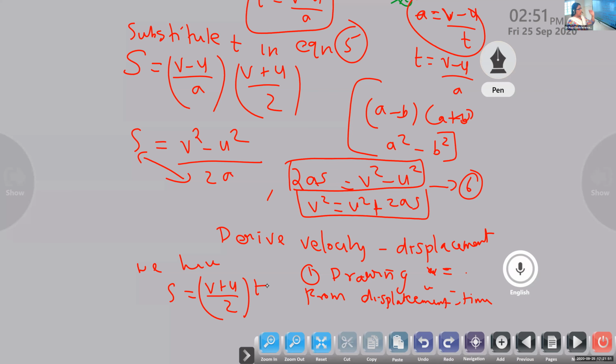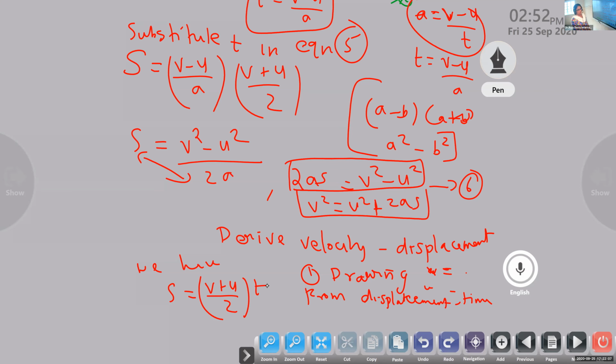Right, consider the introduction part. Consider a body moving in accelerated motion with velocity u, and it changes velocity to v in time t. Then you start.